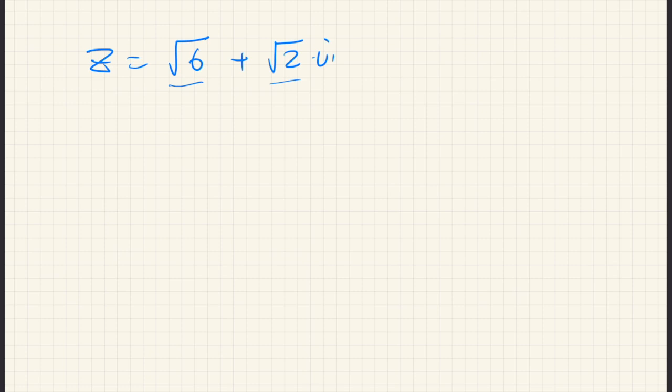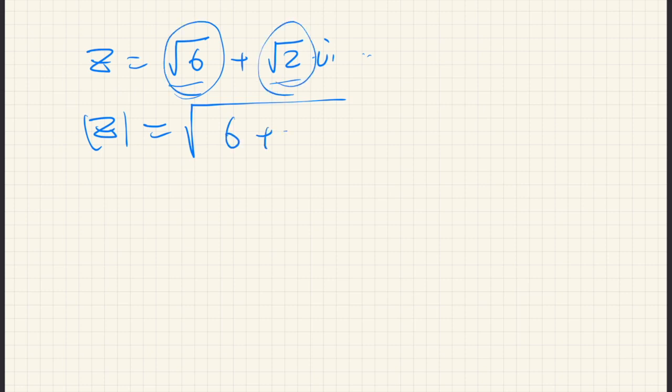So first, let's factorize this. In order to do that, let's express this in terms of the polar form. The modulus is the square root of this squared plus this squared, that is the square root of 6 plus 2, that is the square root of 8, that is 2 times square root of 2.